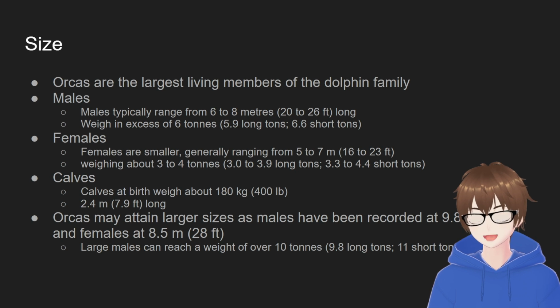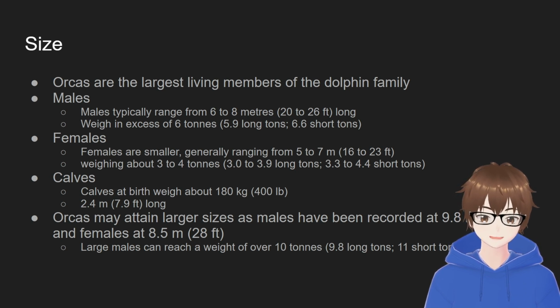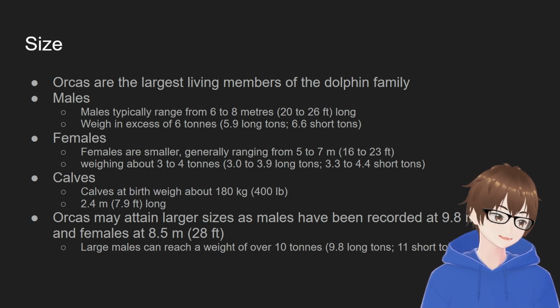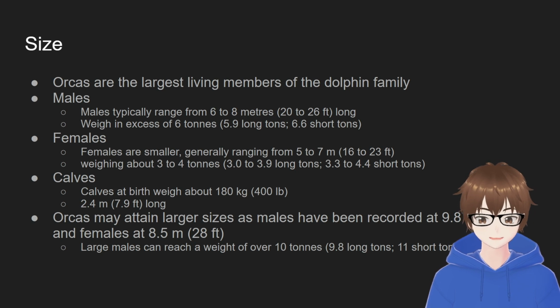Females are smaller, generally ranging from 5 to 7 meters, which is 16 to 23 feet long, and weigh about 3 to 4 tons. Calves, or baby orcas, weigh around 180 kilograms, or 400 pounds at birth, and are 2.4 meters, or 7.9 feet long. So that's still bigger than a large amount of humans.